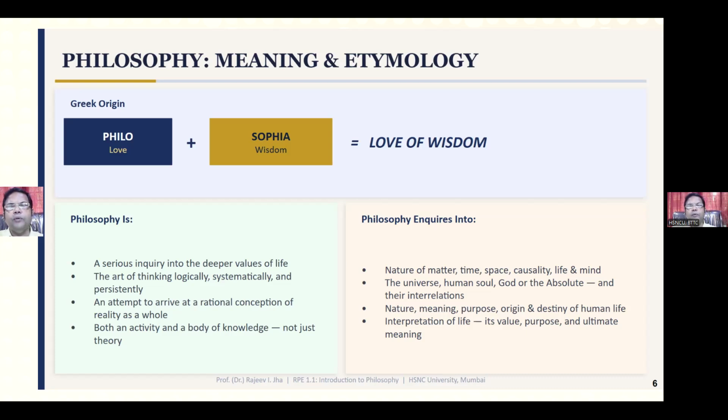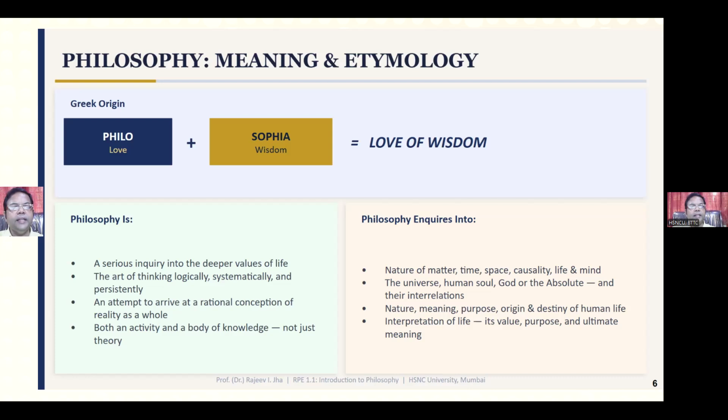It asks about the nature of matter, time, space, causality, evolution, life, and mind. It asks about the universe, the human soul, the nature of God or the absolute, and how these relate to one another. It is the art of thinking all things logically, systematically, and persistently.